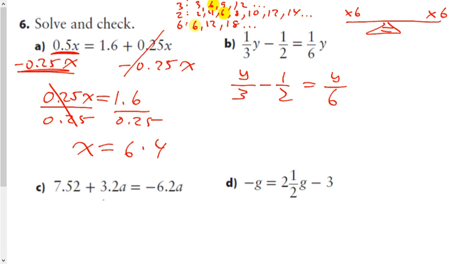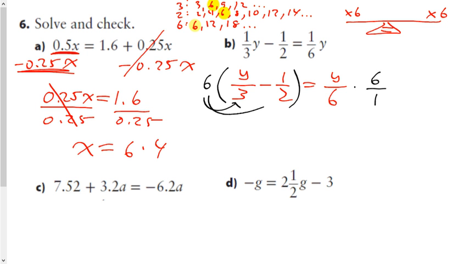So by multiplying both sides by 6, each of those terms is going to be multiplied by 6, and because it's a multiple of the denominator, it should become a whole number rather than a fraction. So I'm going to take this side, which is a binomial with 2 terms, and multiply it by 6. I'm going to take this side over here and multiply it by 6. So I'm multiplying both sides by 6.